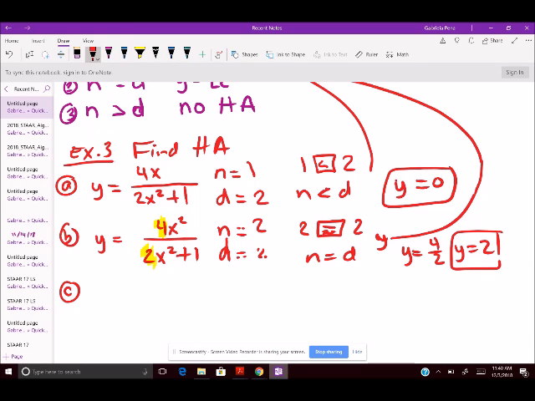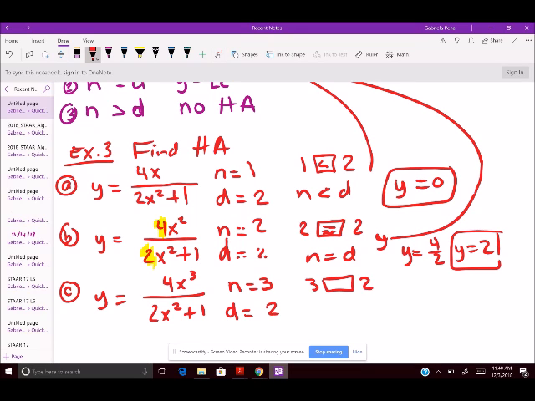And for C, y equals 4x cubed over 2x squared plus 1. Degree of my numerator, 3. Degree of my denominator, 2. 3 is what to 2?